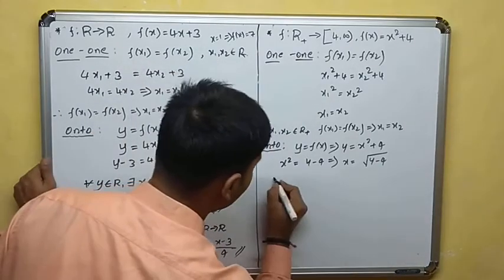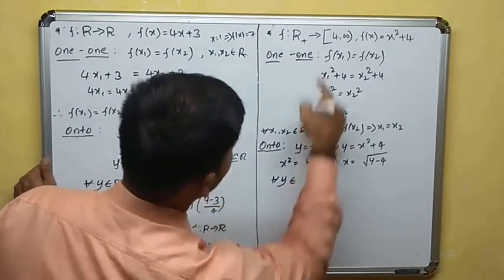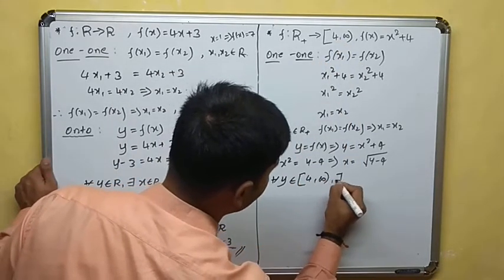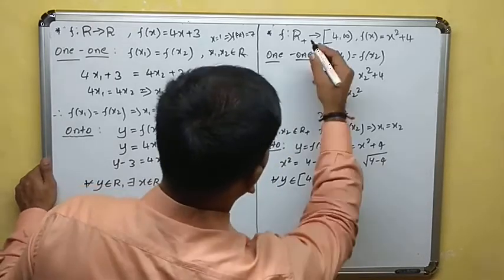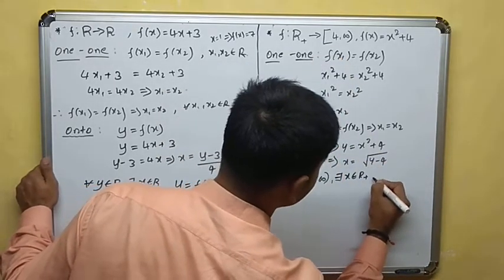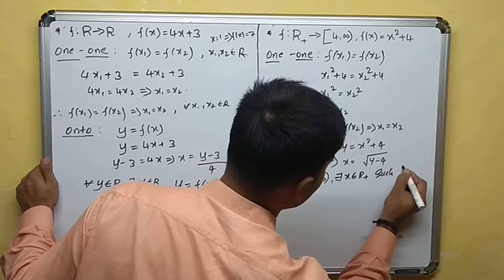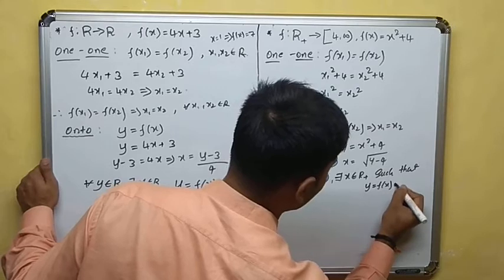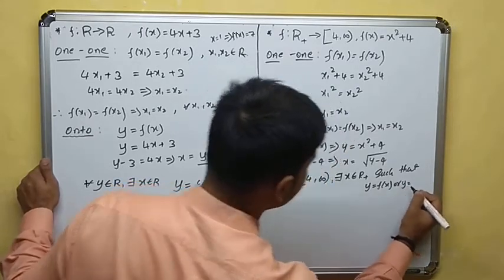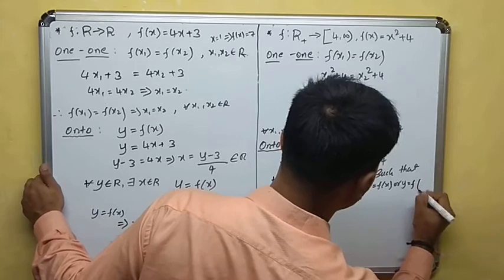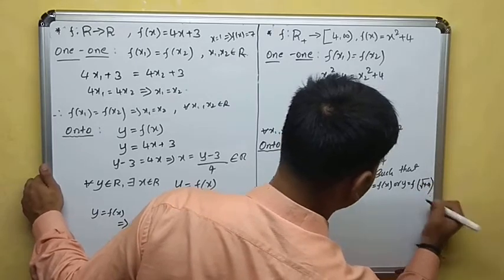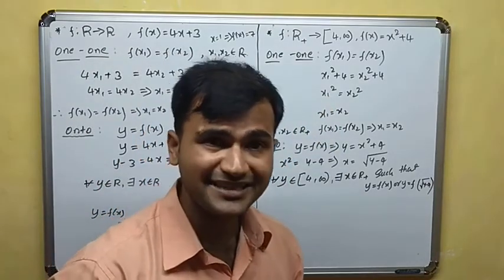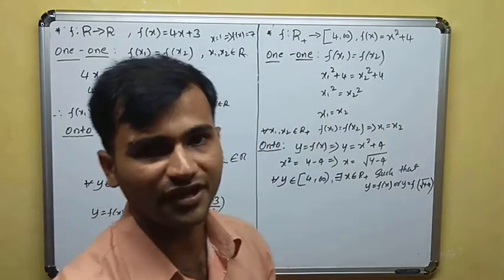Therefore we can write for all y belonging to 4 to infinity, there exists x belonging to R plus such that y is equal to f of x, or y is equal to f of square root of y minus 4. Therefore this function is one-one and onto, hence it is bijective, hence it is invertible.